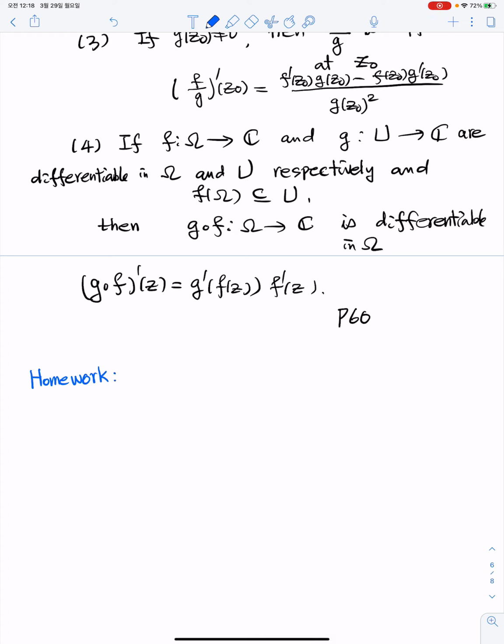Study page 62, problem number 9, and page 61, problem number 8. I'm going to put these problems on the first midterm, so you have to study them.